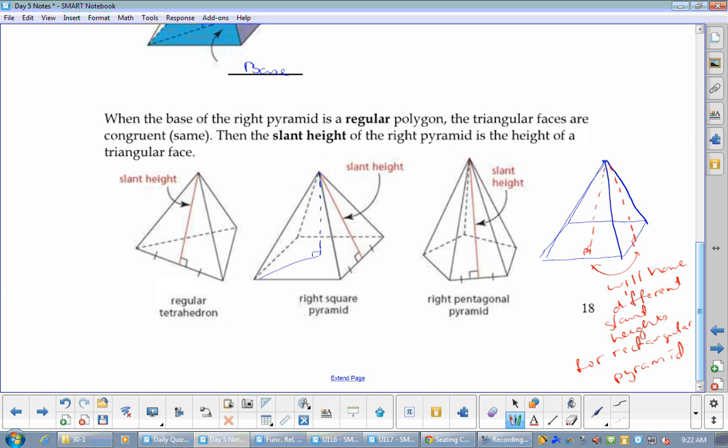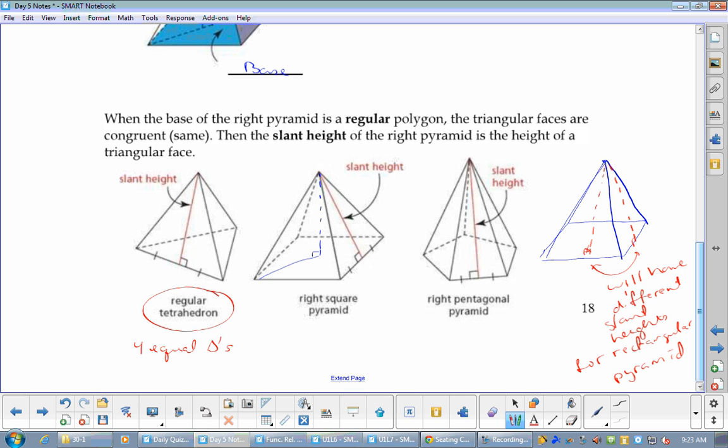Okay, and I guess we can just add this, that a regular tetrahedron has 4 equal triangles. It is a triangular base pyramid, but a tetrahedron is a special one where all the triangles are the same.